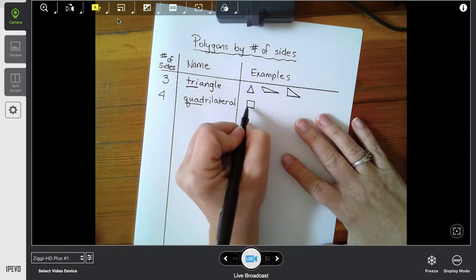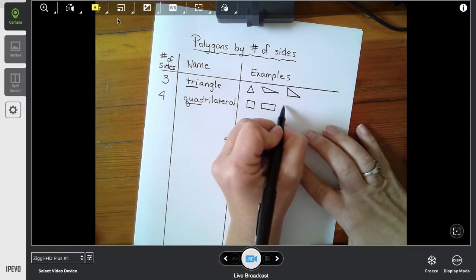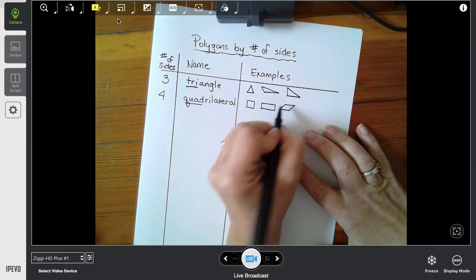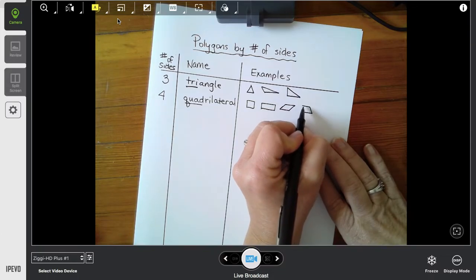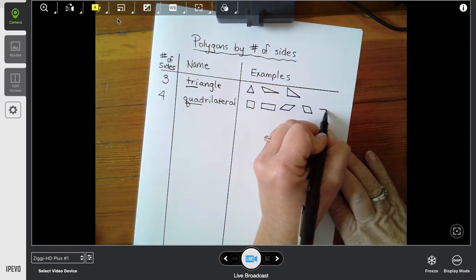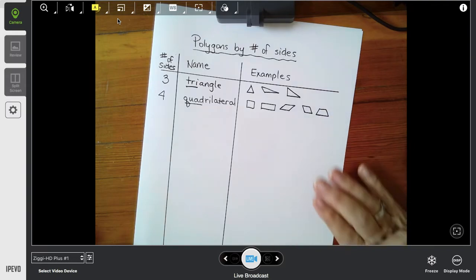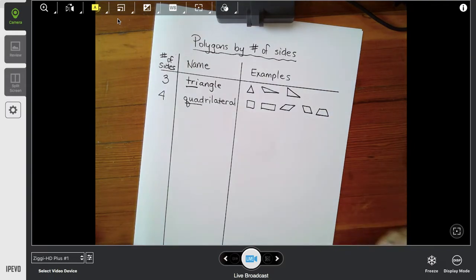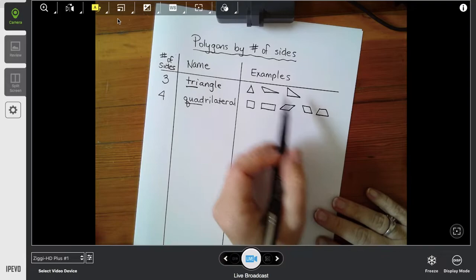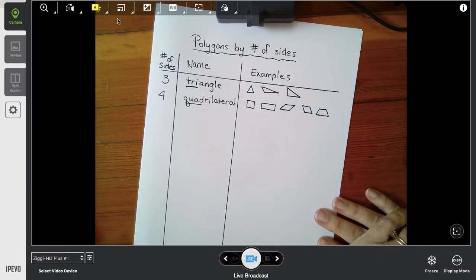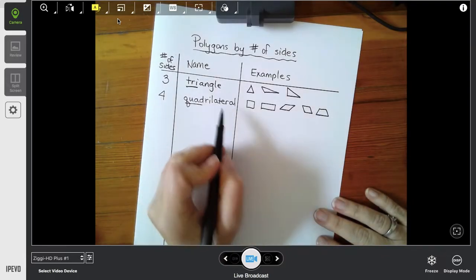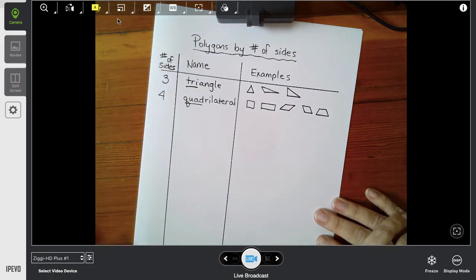So we could have squares, rectangles, parallelograms, rhombuses, trapezoids, all kinds of quadrilaterals. And that's what we're going to make our robot out of later, our quadrilaterals. So quad is 4 and lateral, sided figure.